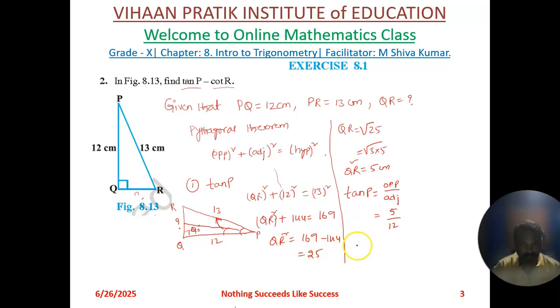Now cot with respect to R. Simply the values change. For this we will draw the diagram with respect to angle R. Q, P, R, with 90 degrees at Q. This will be the angle, this will be the opposite side, this will be the adjacent side, and this will be the hypotenuse.